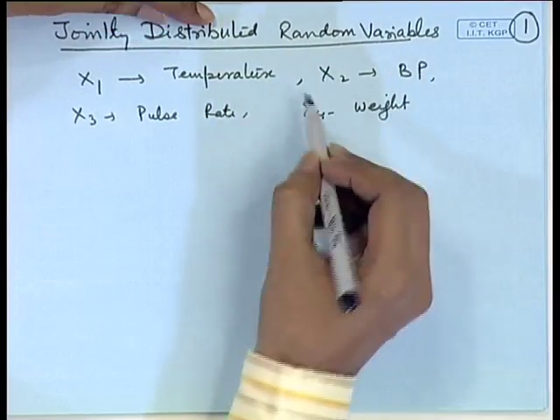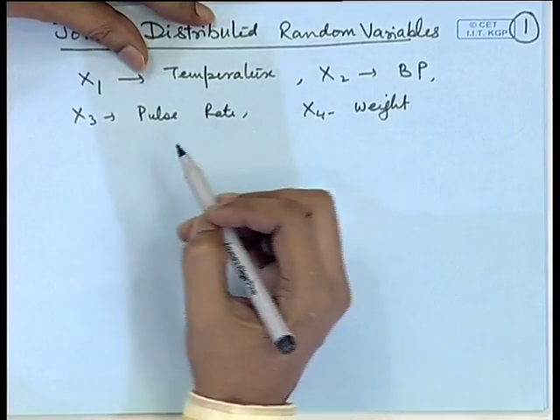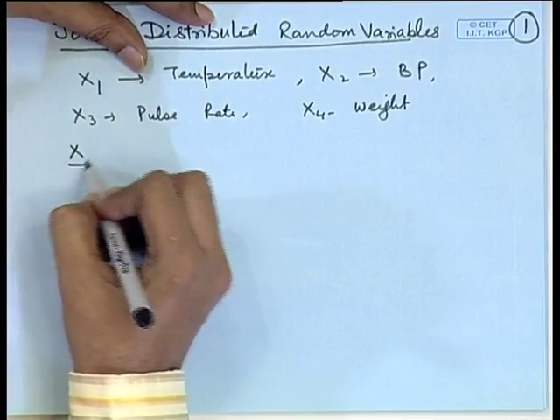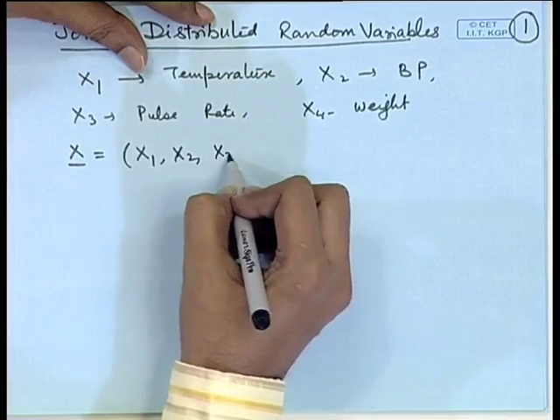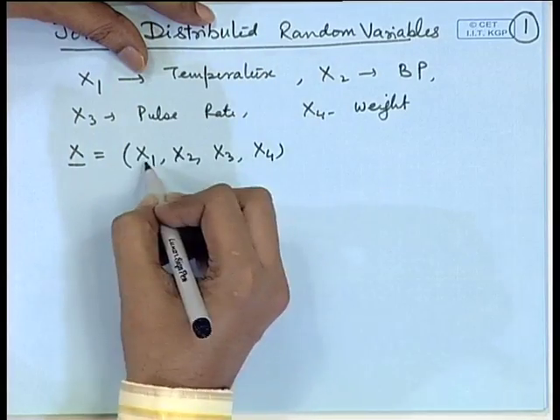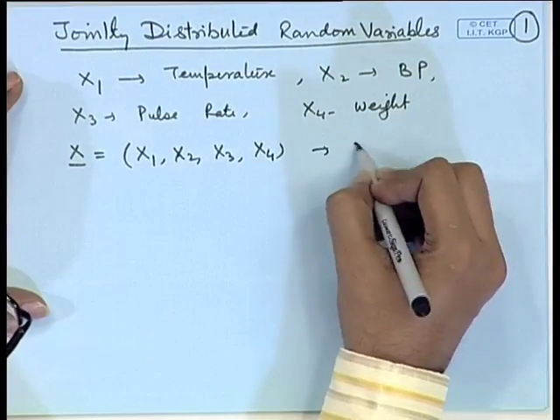So, for different patients 4 quantities x1, x2, x3, x4 are recorded. Here this constitutes a random vector, or jointly distributed random variables x1, x2, x3, x4. So, x is called a random vector.